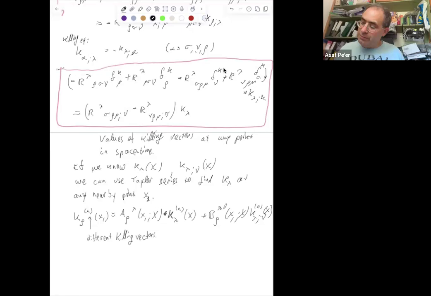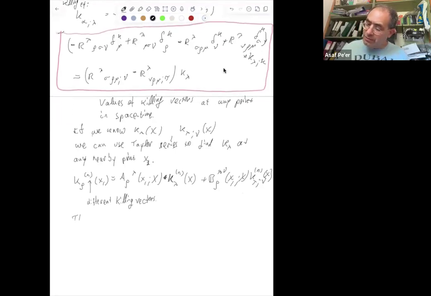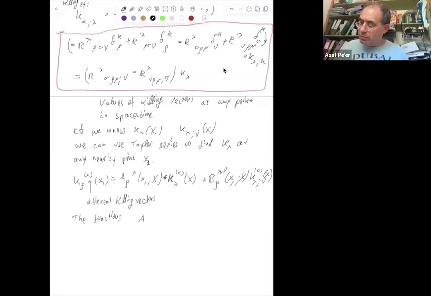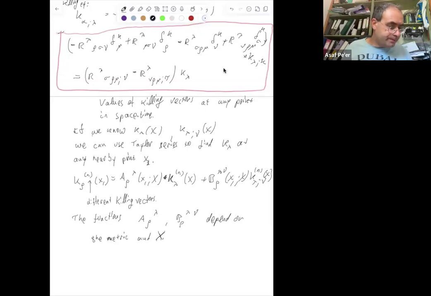So a and b, the functions A rho lambda and B rho lambda nu, depend on the metric and on the location x, but not on the initial Killing vectors, right?